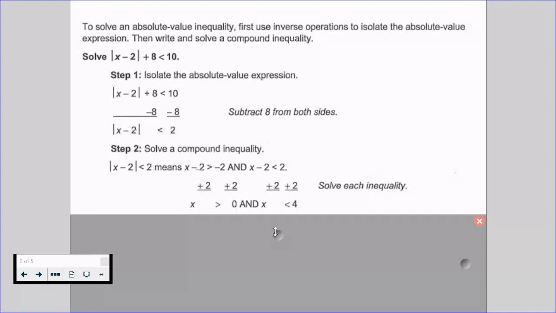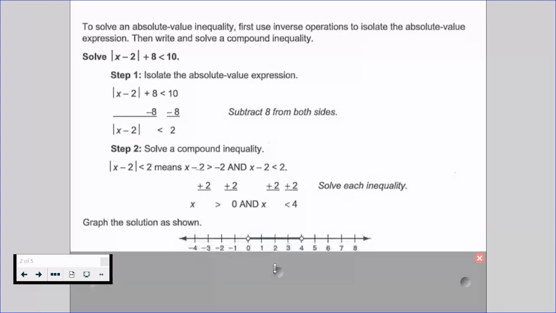All of those would satisfy this inequality. So since we have a less than, we want to use an and. It kind of sounds similar. Less than sounds like and. So when we have a less than absolute value inequality, we then use the and aspect of our compound inequality.